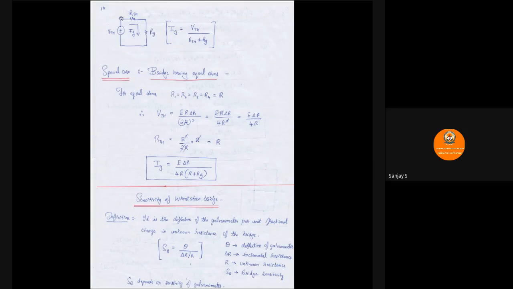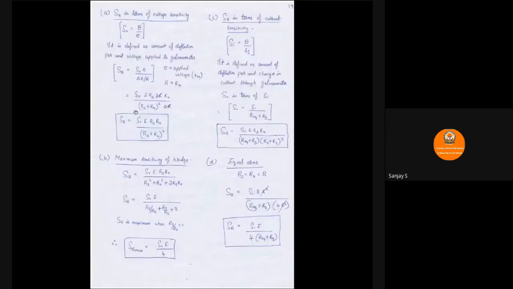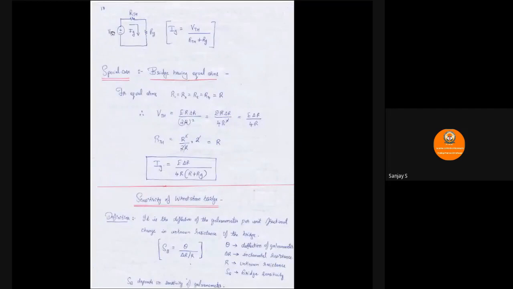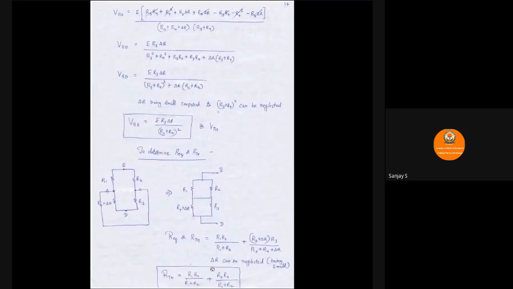Now the entire circuit, the bridge circuit, is replaced by VTH in series with RTH, and the galvanometer has been brought back by writing it as RG. So VTH, RTH, RG. The current flowing in this loop is nothing but IG, because the current flowing through RG is IG. So IG is equal to, now it is becoming very easy, VTH by RTH plus RG, where RTH is this expression and this is your VTH.